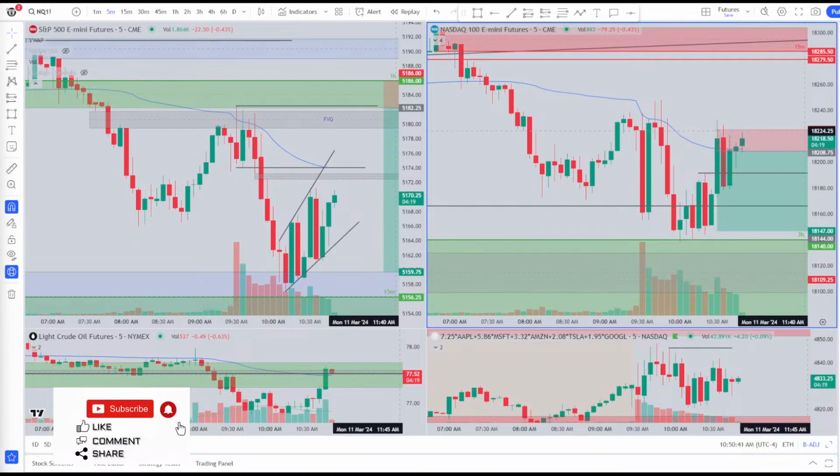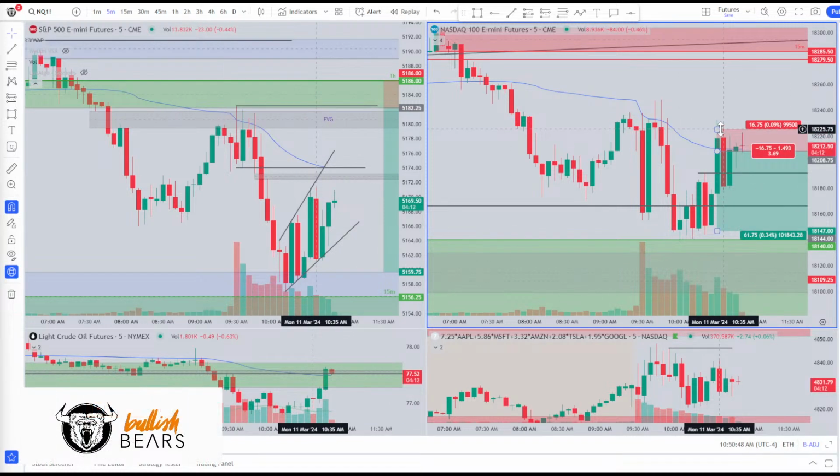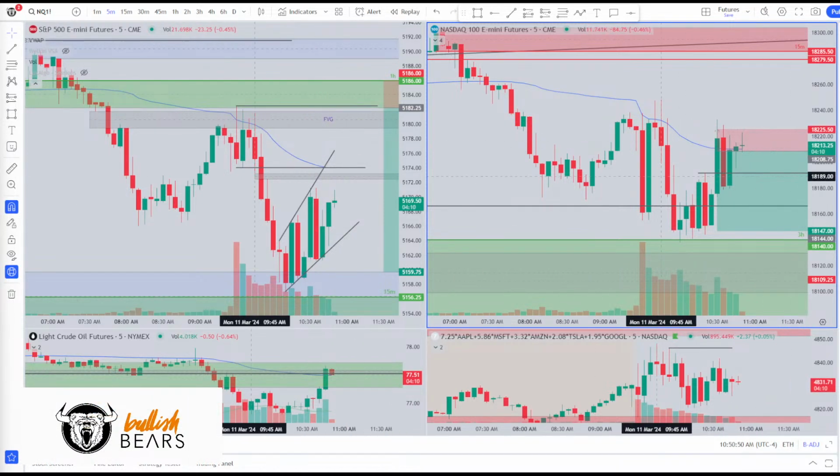I'm going to add there, and I'm going to throw my stop losses pretty close, right where you see it right here, this 18,225.